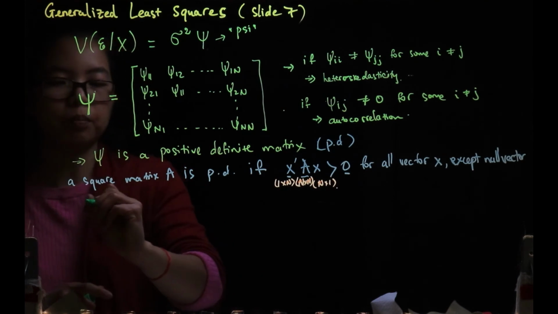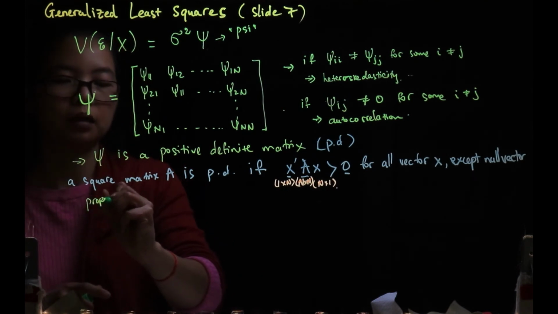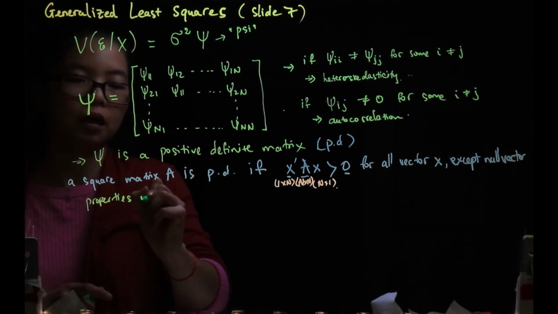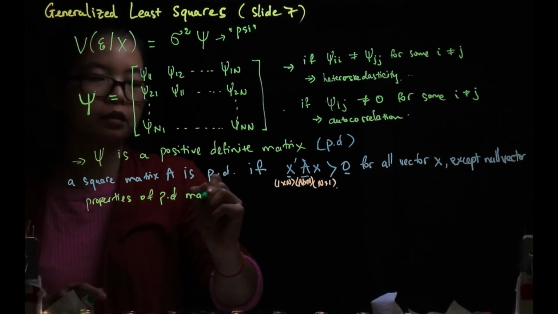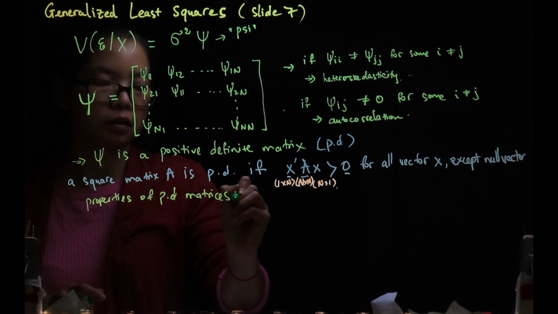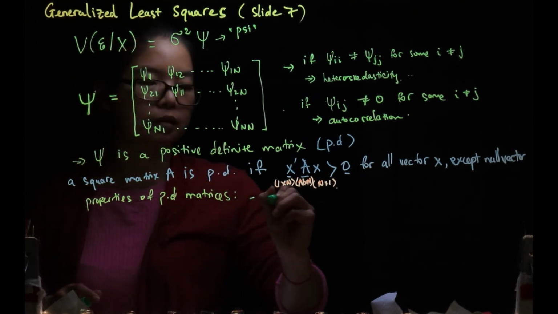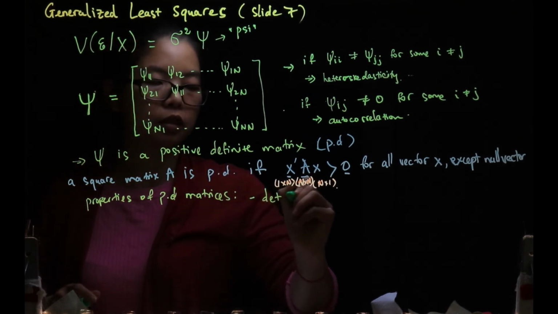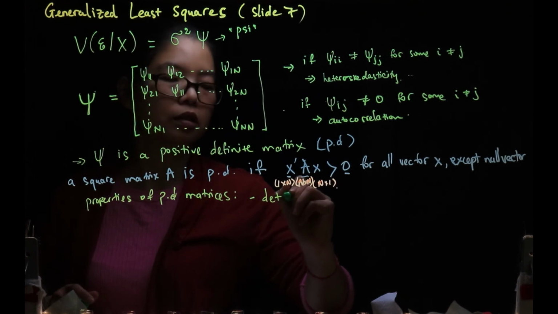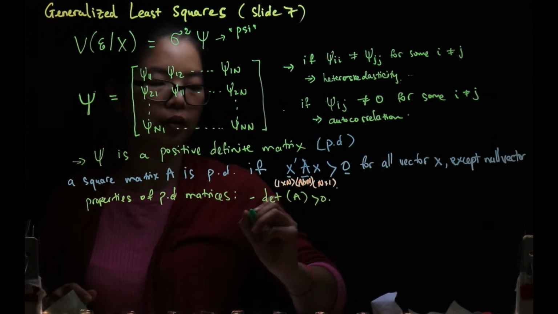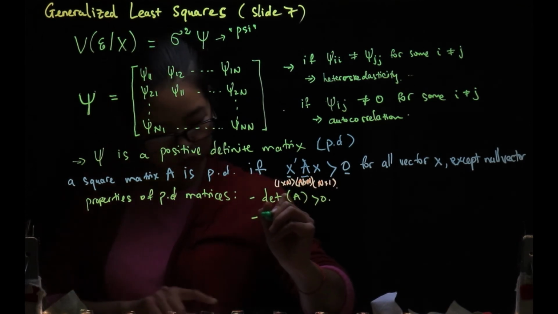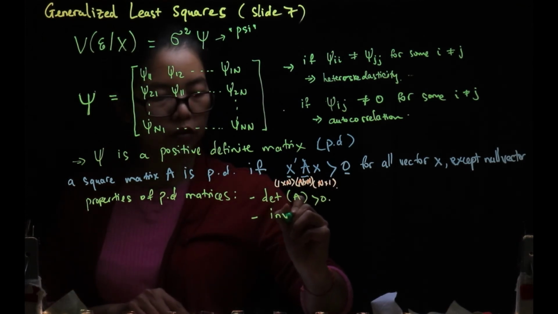So the properties of PD matrices: first of all, the determinant, det of A, is larger than 0. Second, it's invertible.